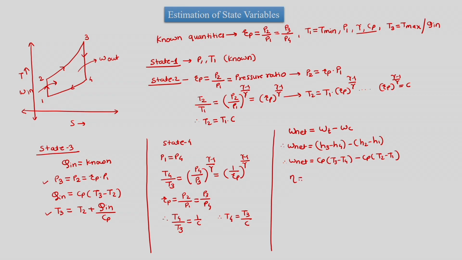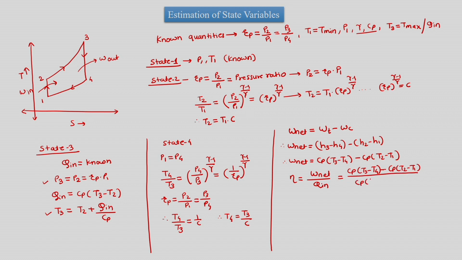Further, we can also find out efficiency from the fact that it is W net upon Q in, where W net is known to us, which is Cp into (T3 minus T4) minus Cp into (T2 minus T1), and the whole is divided by Q in.